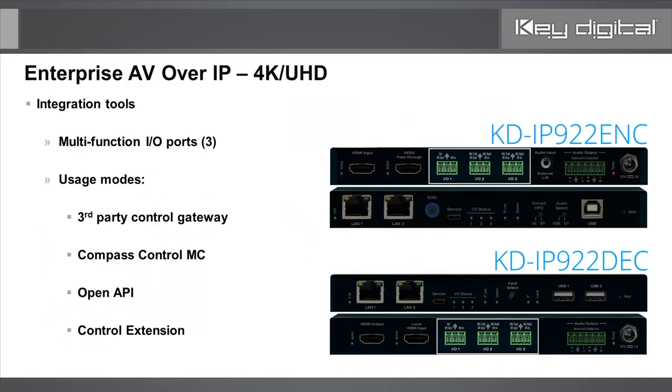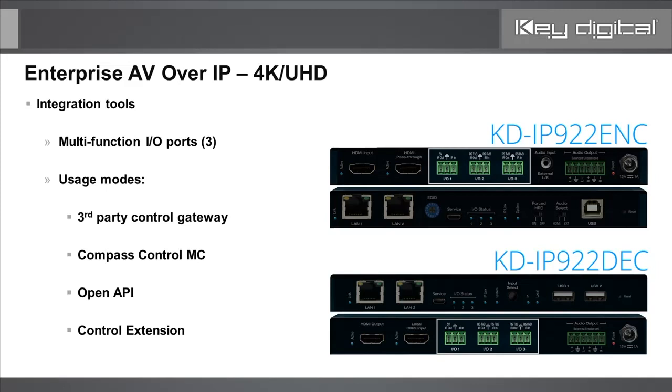And you have the 3 multifunction I/O ports that have 4 different usage mode possibilities. Third-party control gateway, so any control system can plug into us. All they need is a single port on a single IP922 unit, and they can control the video routing or any of the features. You have the ability to use these three as Compass Control master control ports.